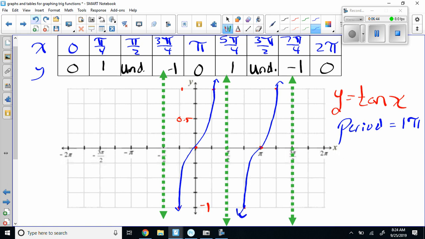Any questions? What do you mean, not a line? Why is it not a straight line? Well, because we only looked at it in quarters, right? If we went to 12ths, pi over 12, and looked at it, then we would have these points down in here, down in the knee of the curve.